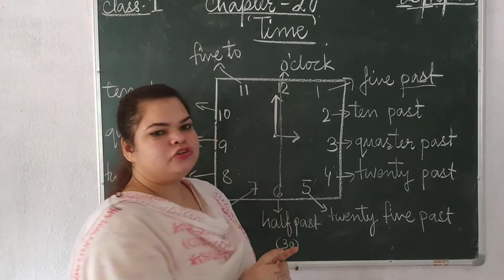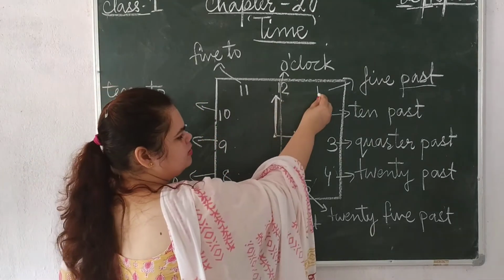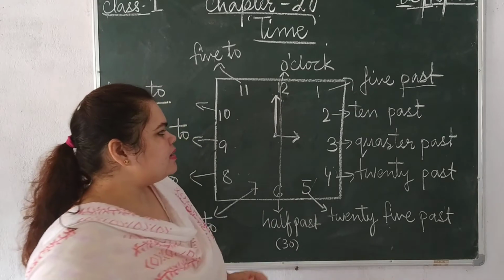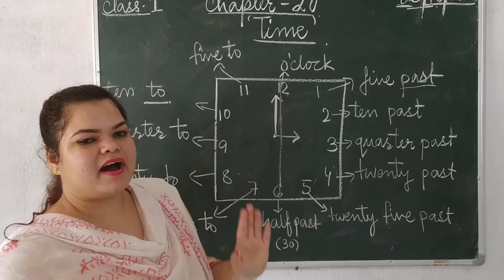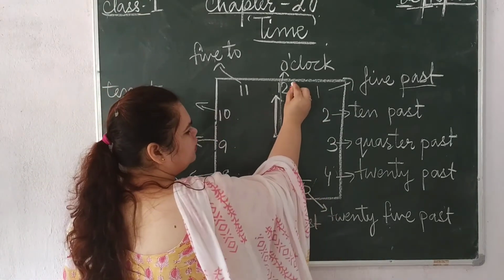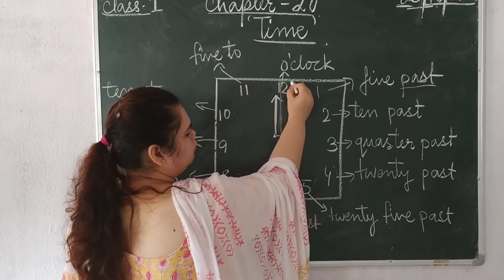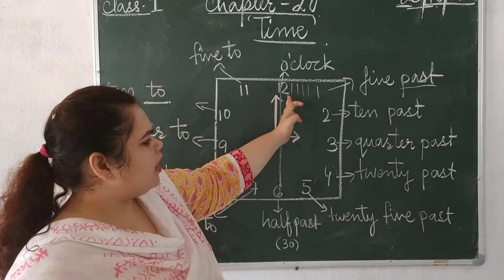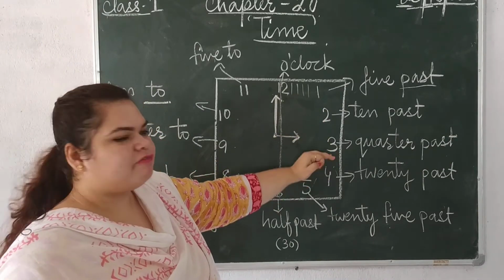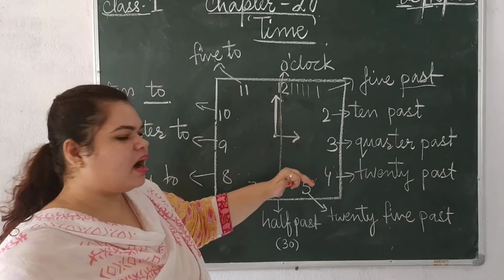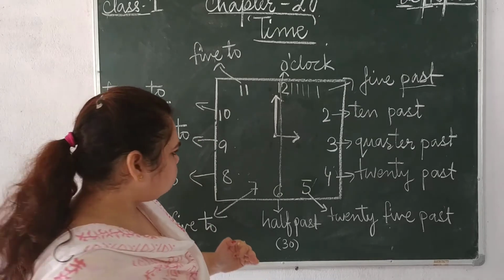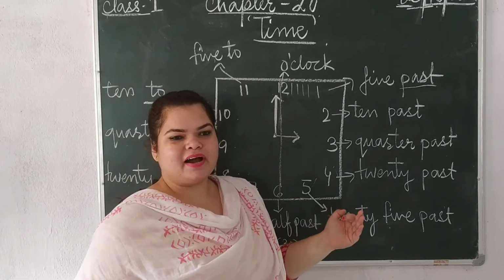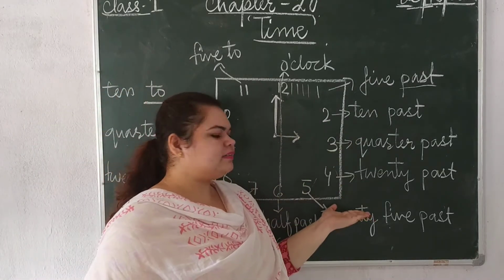Now you should know that each number here has a count of 5 minutes. So you can easily count 5: 1, 2, 3, 4, 5. So every number has 5 minutes or 5 counts between them. If you know the table of 5, you can easily tell the time.